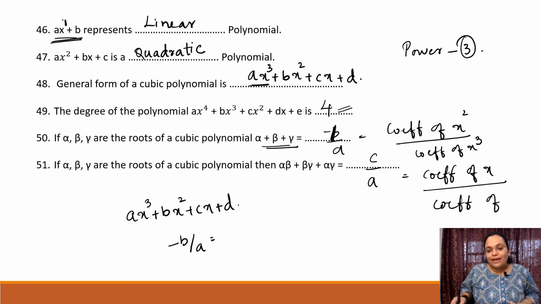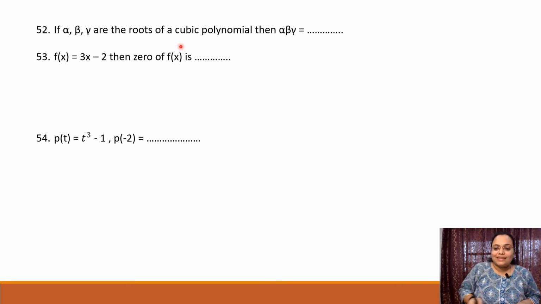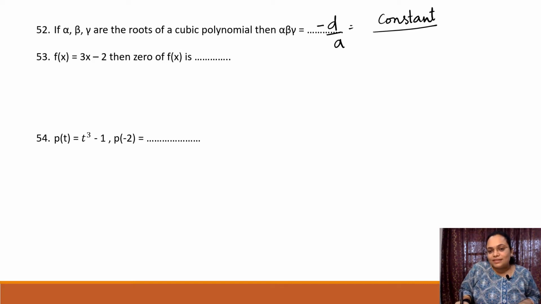coefficient of x cube. So the next one is, if alpha, beta, gamma are the roots of a cubic polynomial, then the product of the roots will be minus d by a, which is your constant term by the coefficient of x cube.